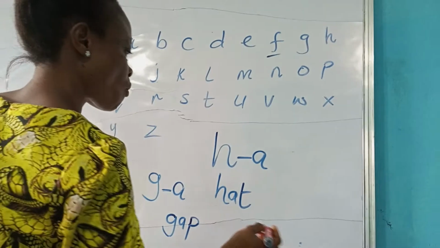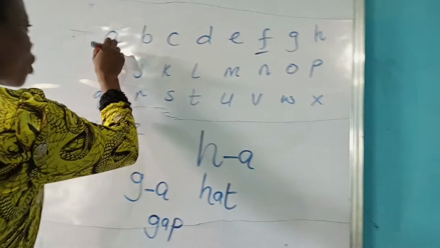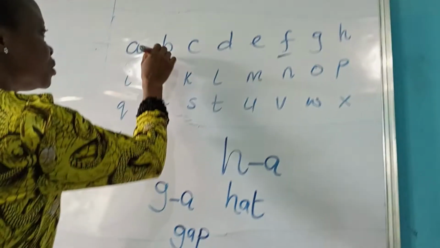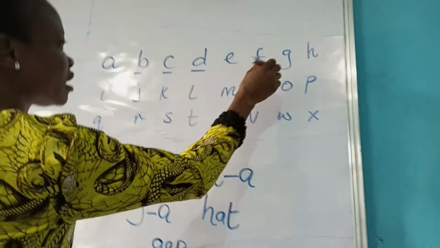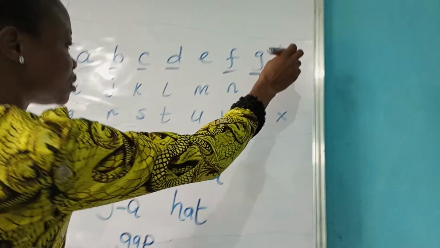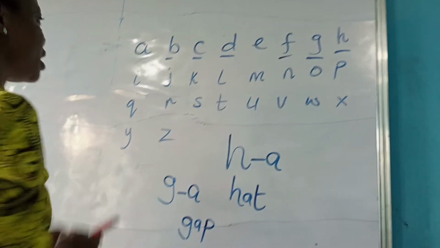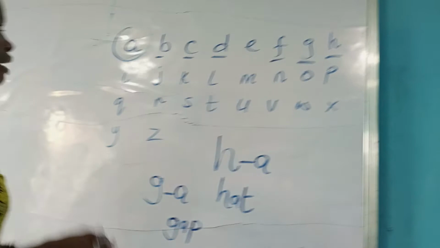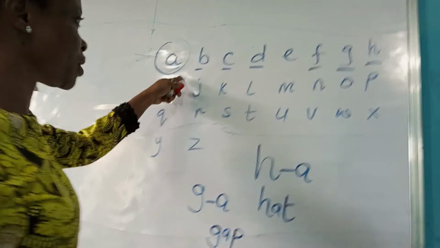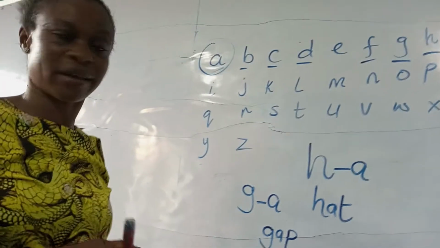So, we have combined the following consonants with a vowel letter A. You get it? That is what we've done today.